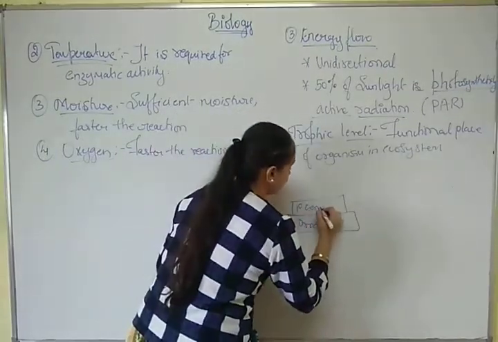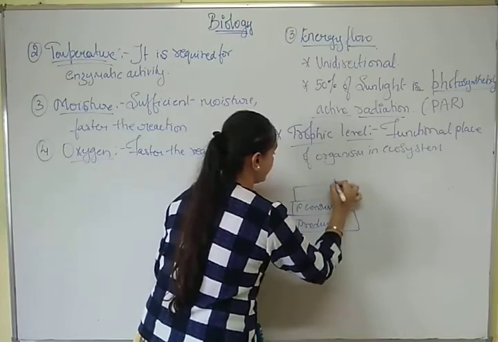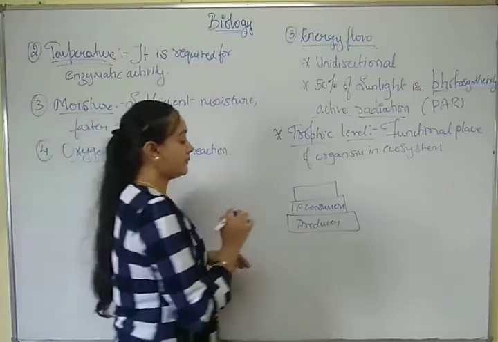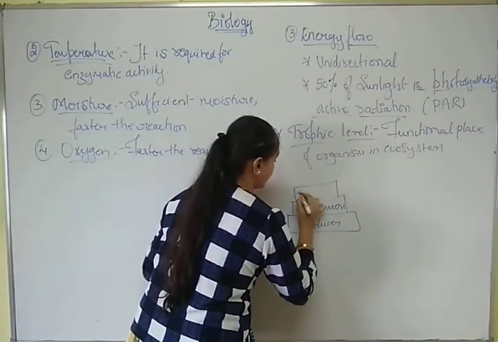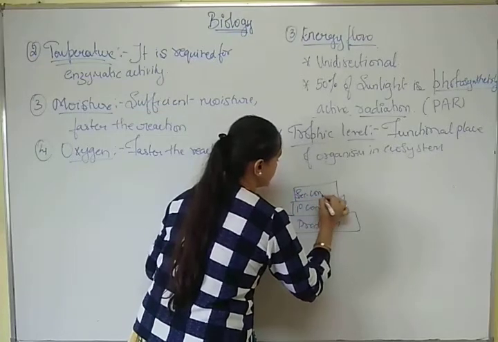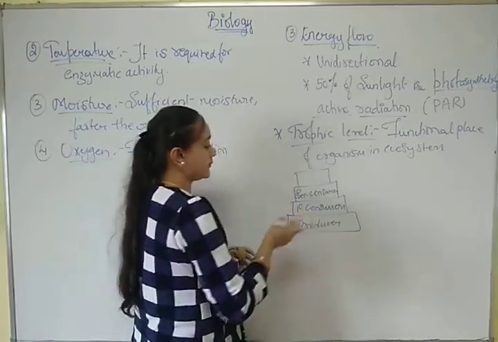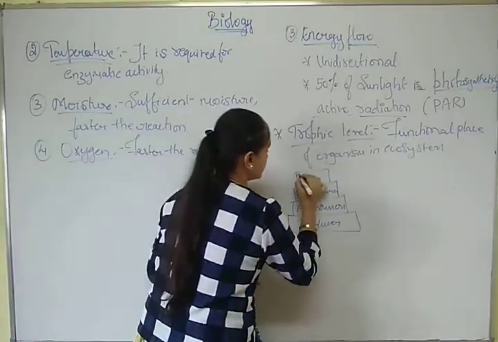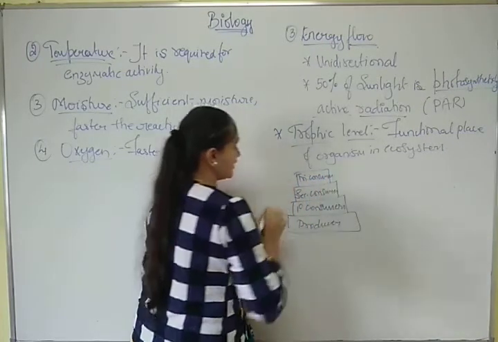Next, the organisms dependent upon the primary consumers are secondary consumers. And the third, which is dependent upon the secondary consumers, is the tertiary consumer.